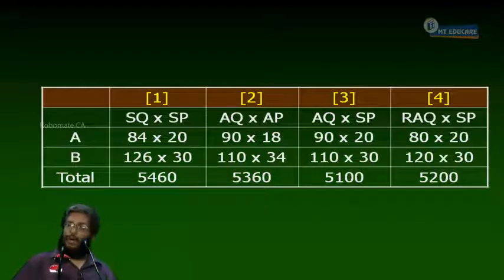4 and 3 means column 4 and column 3. The difference between 4 and 3 is not price. In bracket write: both are SPs, standard price.